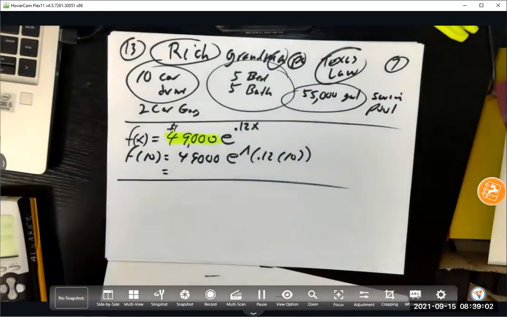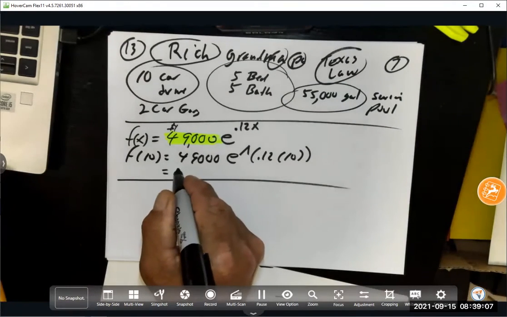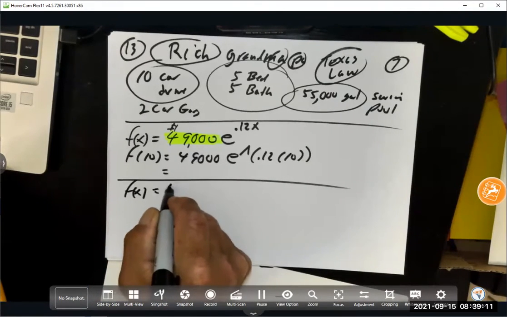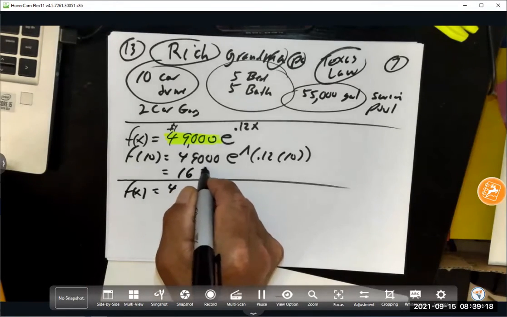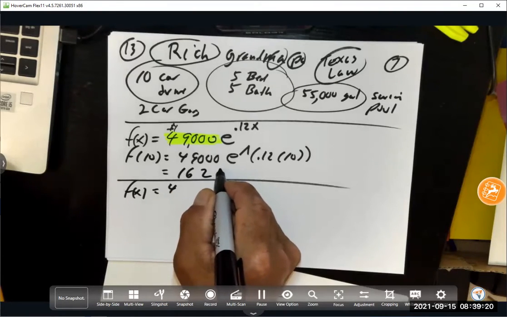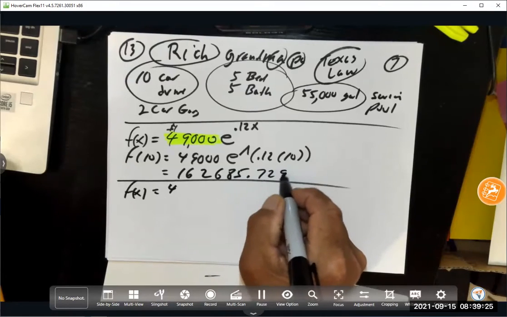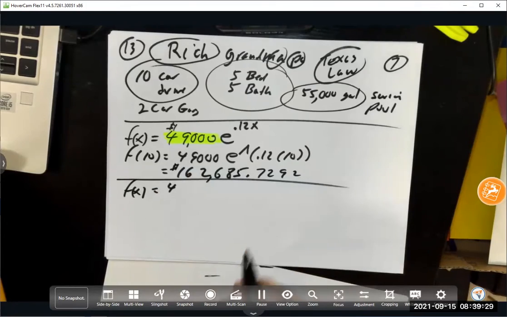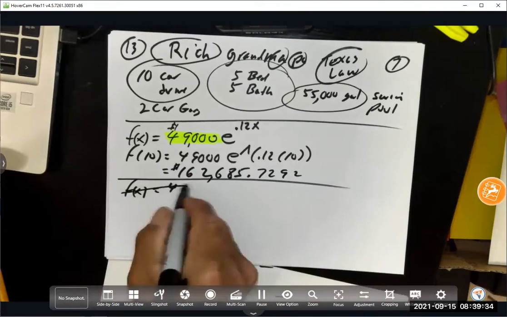How much is their house worth after 10 years? It equals 162,685. That's fine.